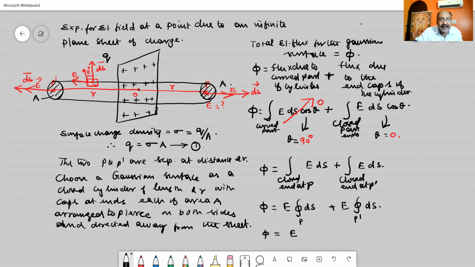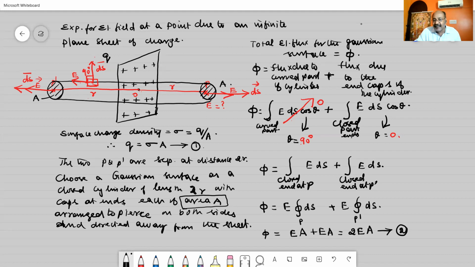See, here I have written: choose a Gaussian surface as a closed cylinder of length 2r with caps at its ends, each of area capital A. So when I integrate this ds, I get the total area. The total area at the end caps is A. So I can write phi is equal to E into A plus E into A, which will be equal to 2 into E into A. Take this as equation number 1.